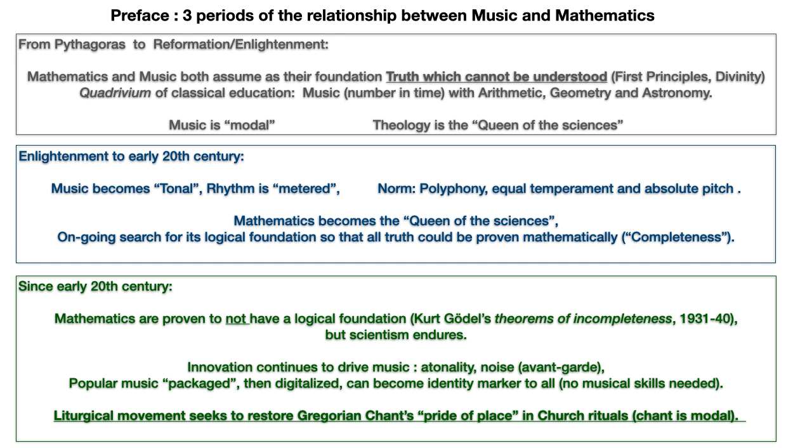And popular music became packaged. Thanks to recording, thanks to digitalization, it was possible to hear music without any musicians. And therefore, music could become an identity marker without any musical skills.